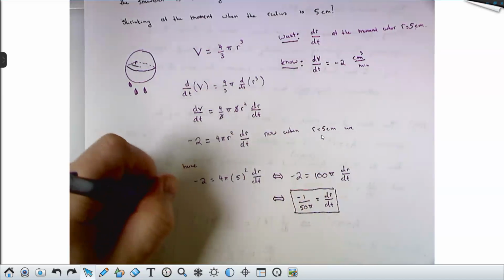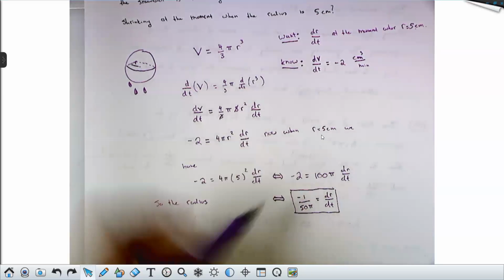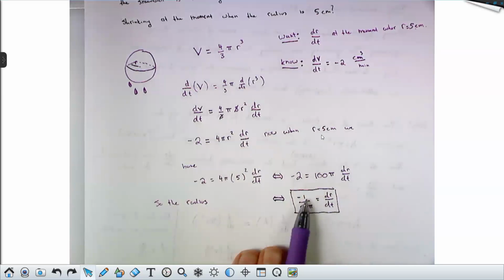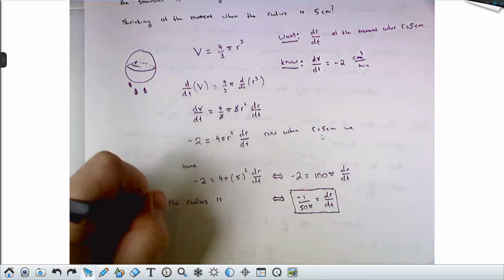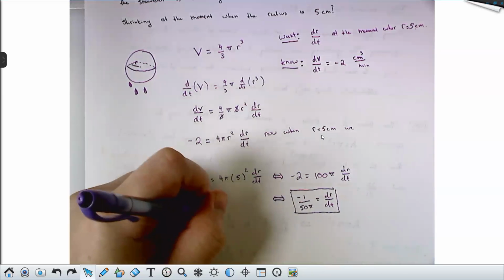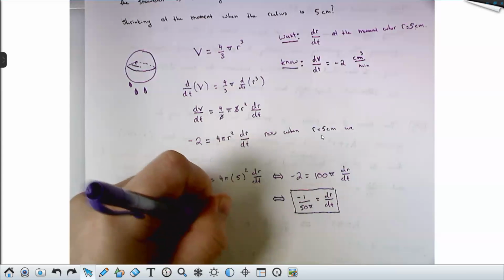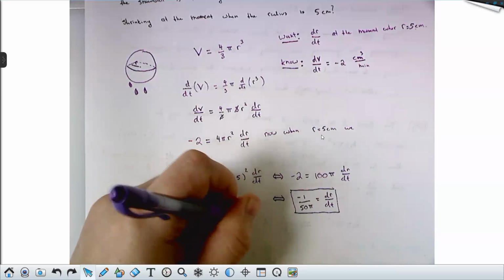So the radius, first off, I get that the radius is shrinking because this is a negative rate of change. And it's shrinking by 1 over 50 pi centimeters per minute.